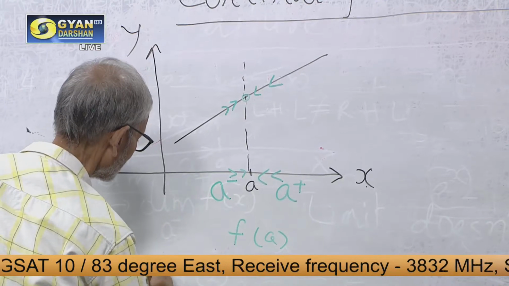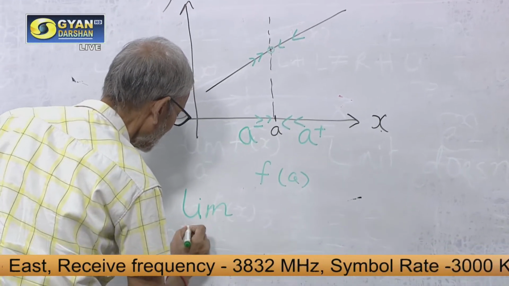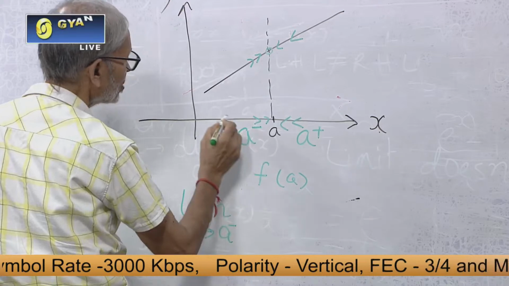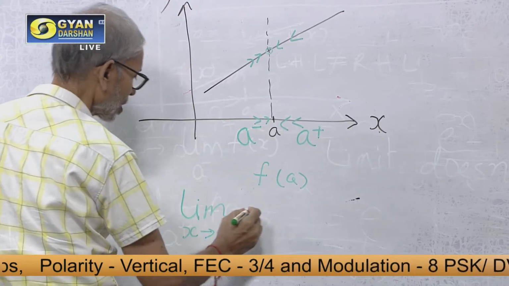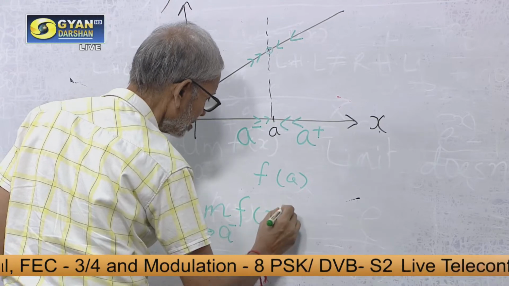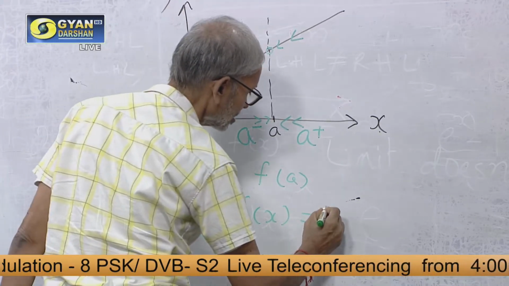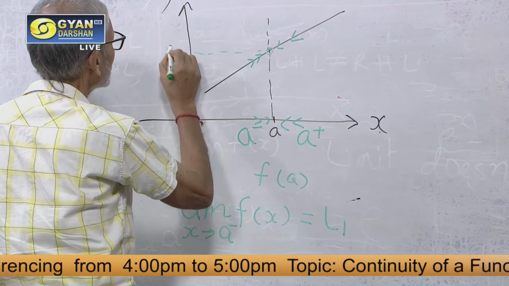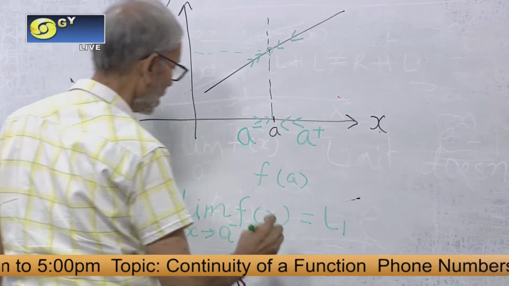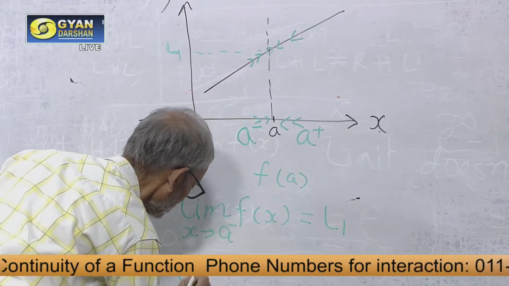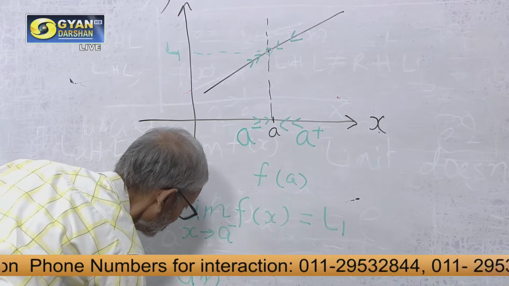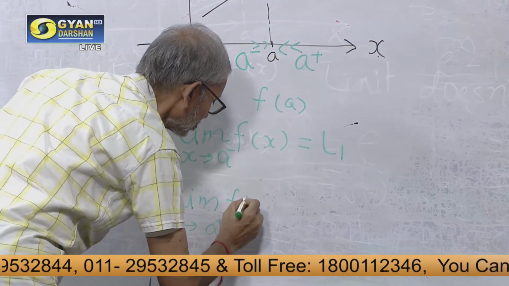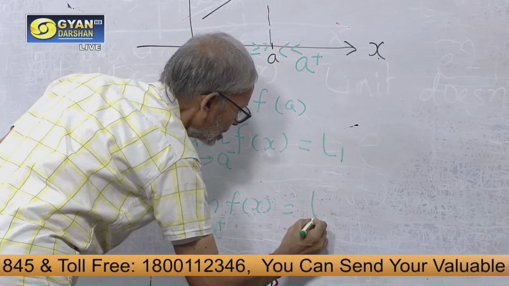Then you see limit x tends to a minus, we are approaching from left, f x, say this is L1, and limit x tends to a plus approaching from this side, this limit is L2.